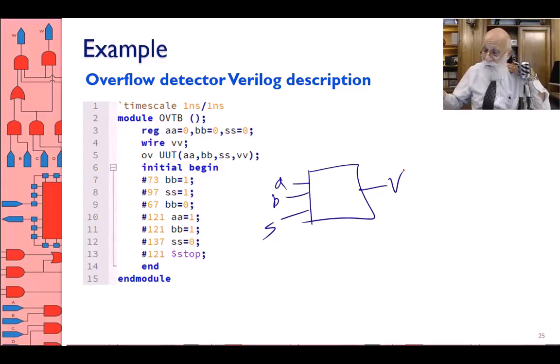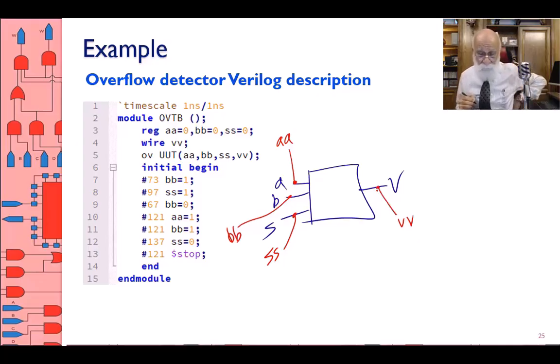Okay, I create 3 signals or 3 wires, let's say AA, that I will connect to A, BB, that I will connect to B, and SS, that I will connect to S, and the VV, that I will connect to V. Okay, in my test bench.